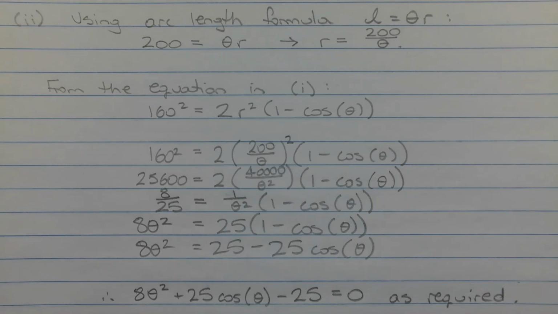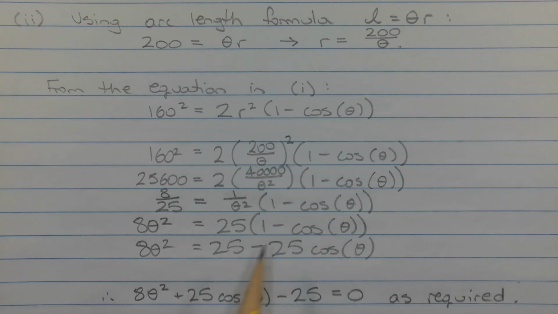Now 160 squared is 25,600 and 200 squared is 40,000. Now 2 times 40,000 is 80,000, so what I'm going to do is divide 25,600 by 80,000, and we get 8 over 25 is equal to 1 over theta squared times (1 minus cos theta).